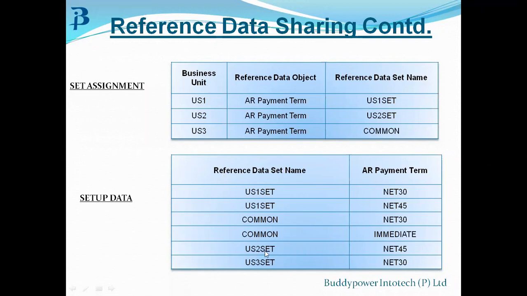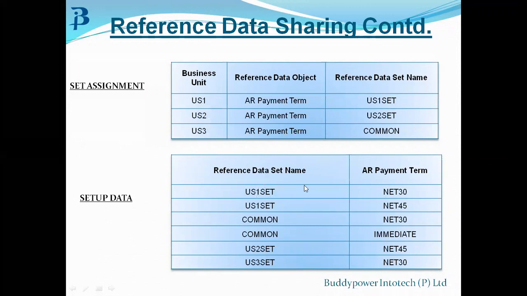Then the US2 set has been given access to net 45, and US3 to net 30. The business unit 3 set has been given access to net 30. So once again, tell me what the accesses are for US1, US2, and US3.